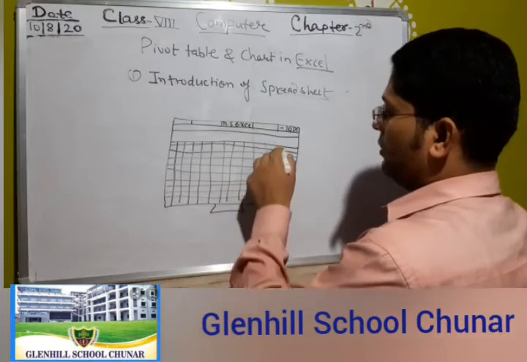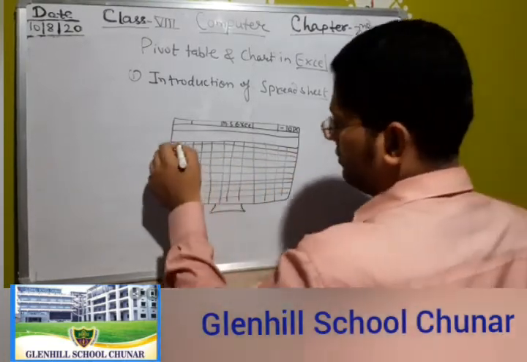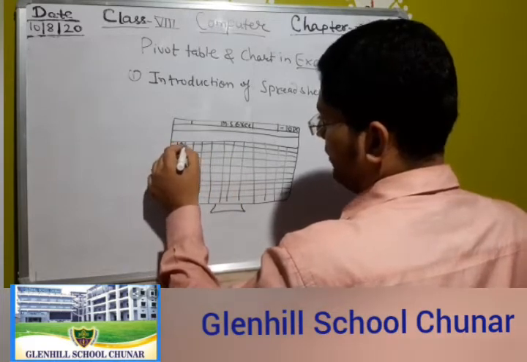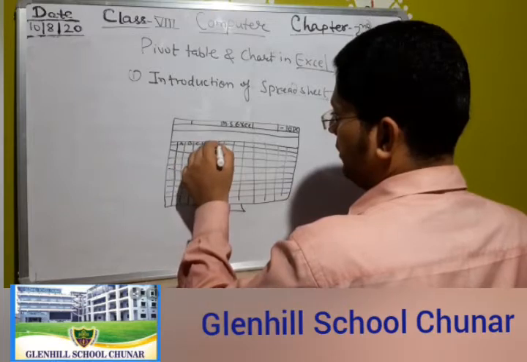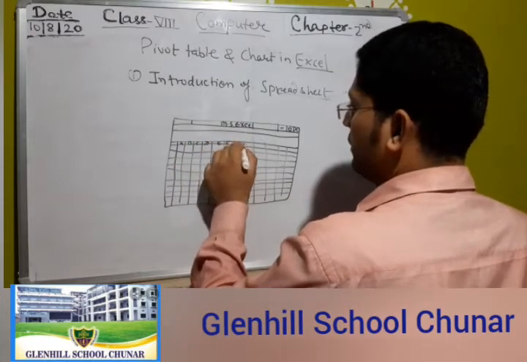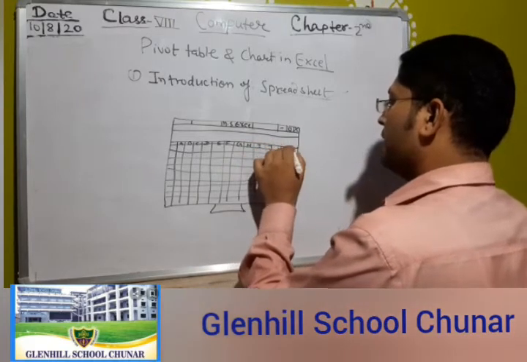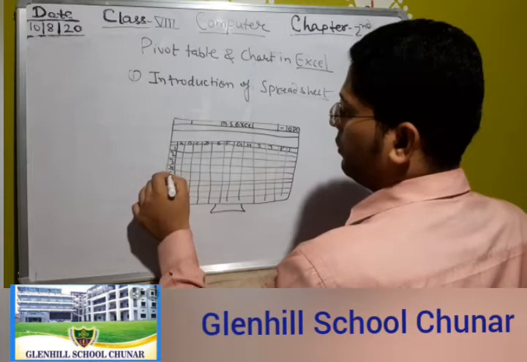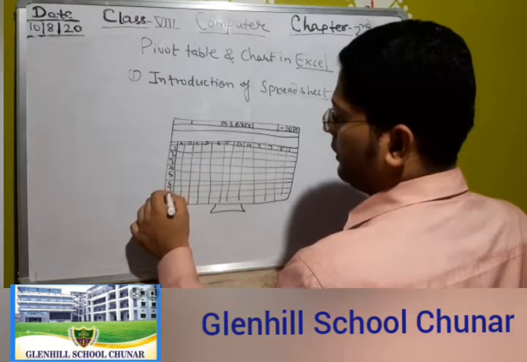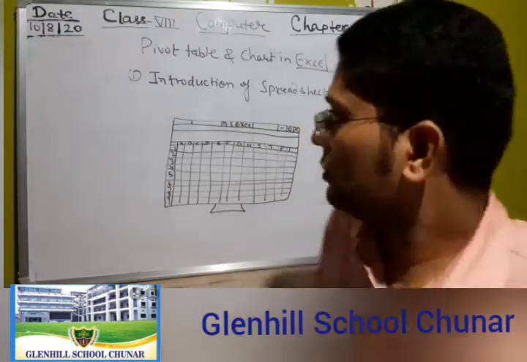Student, you have forgotten everything about Excel. Here columns A, B, C, D, E, F, G, H, I, J, K, L, and here rows 1, 2, 3, 4, 5, 6, 7, 8, 9.